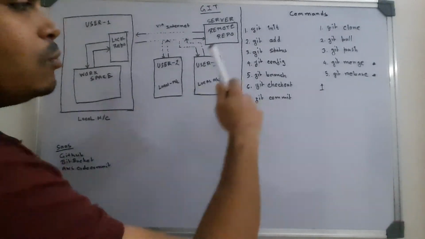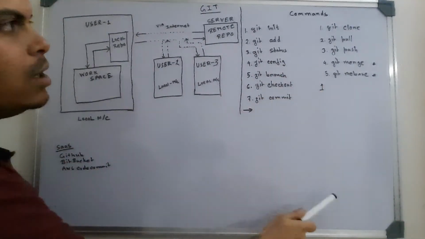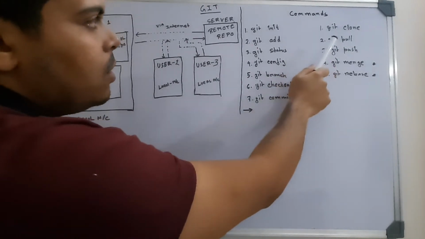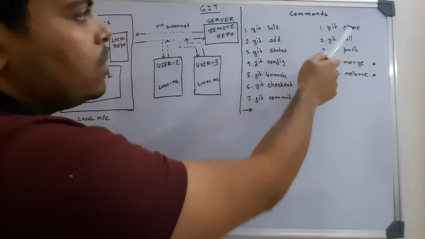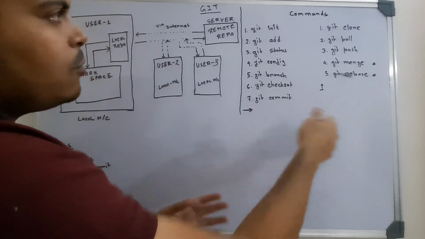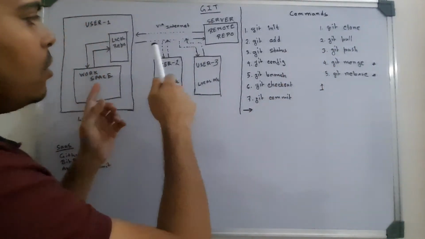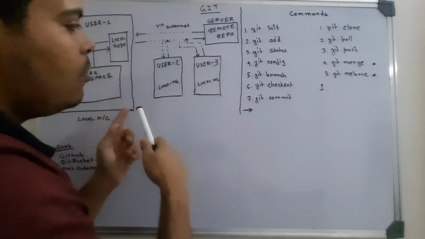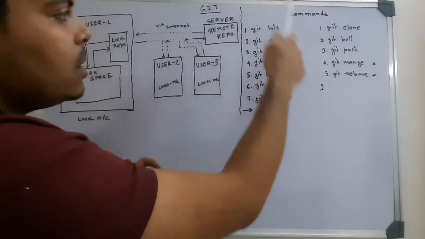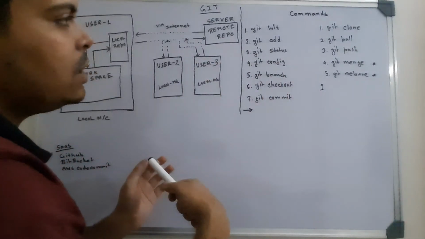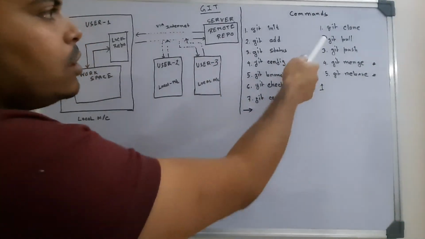Now let's move to the commands which we use to interact with the remote repository, starting with git clone. We use the git clone command to clone the entire remote repository into the local repository. Then git pull. After we make some changes in our local repository, if user 2 or user 3 has committed some changes in the remote repository, and we want to pull those changes into local, then we use the git pull command.